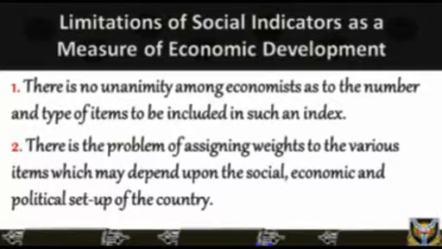There is the problem of assigning weights to the various items which may depend upon the social, economic, and political setup of the country. This involves subjectivity in indicators and assigned weights. Their international comparisons will be as inaccurate as GNP figures.